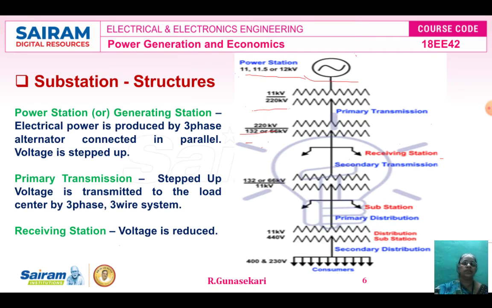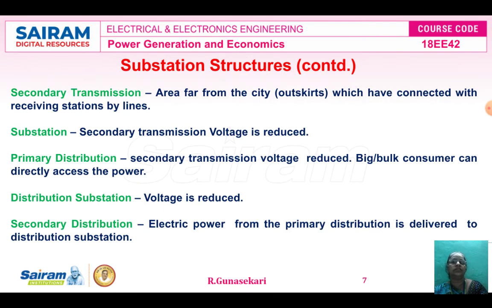In the receiving station, 220 kV is stepped down to 132 kV or 66 kV. That voltage is transmitted through the transmission line, and that is called the secondary transmission only.